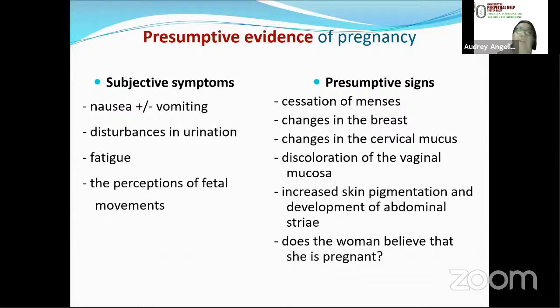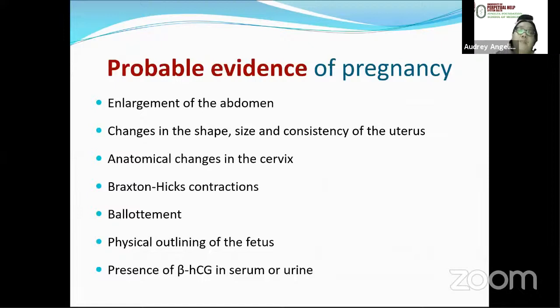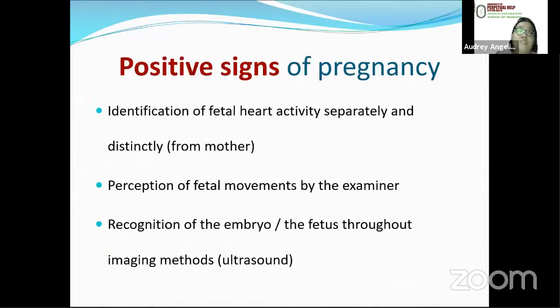Let's just finish this. Presumptive evidence, you know that it is presumptive, so this could be caused by other conditions. That's why it's presumptive. Probable evidence of pregnancy increases the chance. So these are probable evidences. And the only positive signs of pregnancy would be three. You should identify fetal heart tone separately from the mother, fetal movements by the examiner and not by the mother, and ultrasound recognition of the embryo.